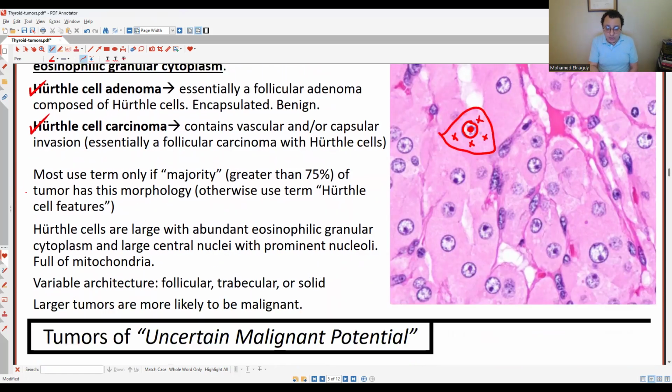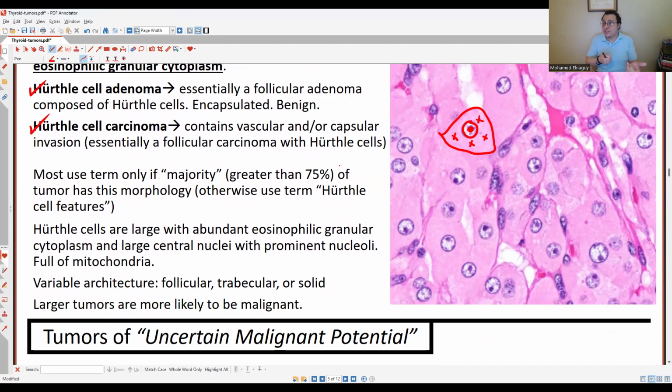So is it possible to differentiate Hurthle cell adenoma versus carcinoma, and follicular adenoma versus carcinoma, on cytology or FNA? Yes or no? Is it possible? It's a no. Good job. We cannot, because we don't have the capsule on fine needle aspiration.